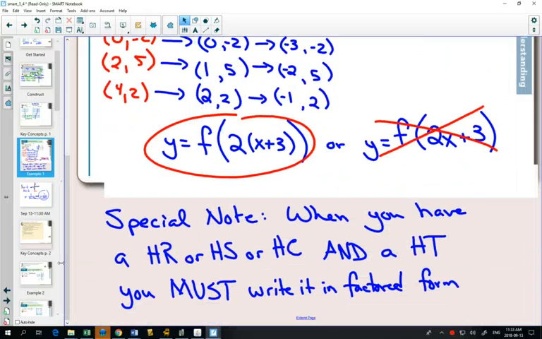One year, I had a student who was like, I'm going to forget these things. Everything that you think is important, Mr. Jerry, let me know. And they started setting up a reminder thing on their phone. So this was their first reminder. At 10 o'clock every night, their phone buzzed. And this came up: remember, when you have a horizontal stretch, compression, or reflection with a horizontal translation, you have to write it in factored form.